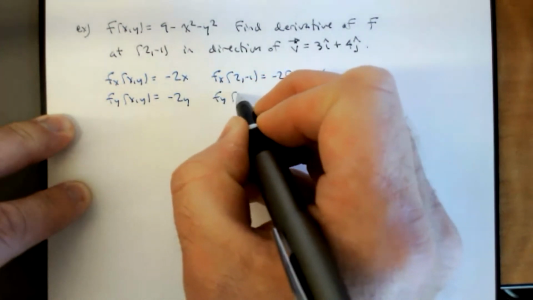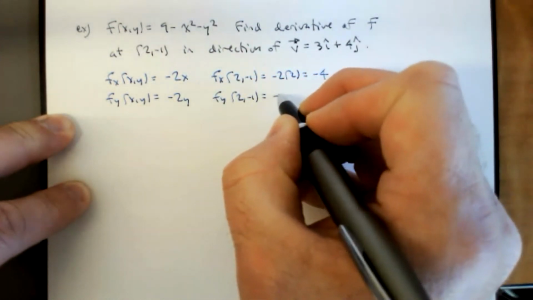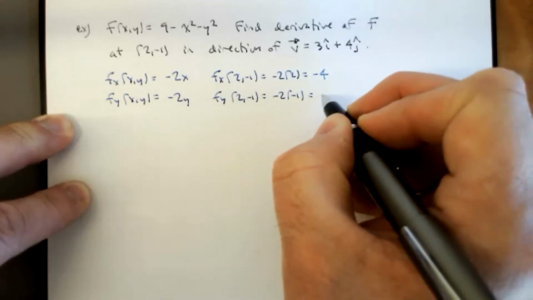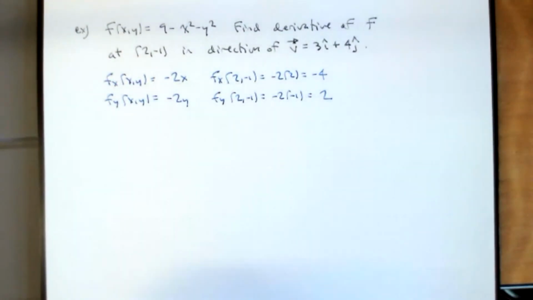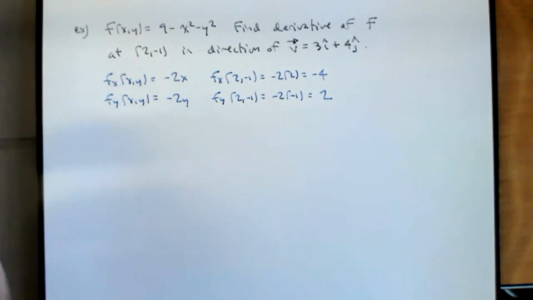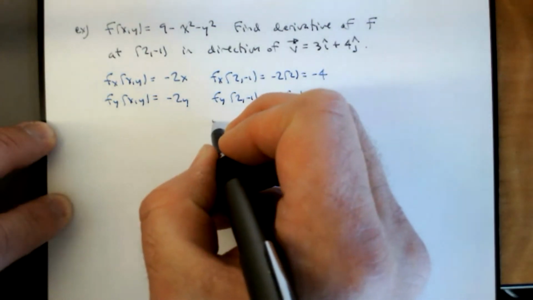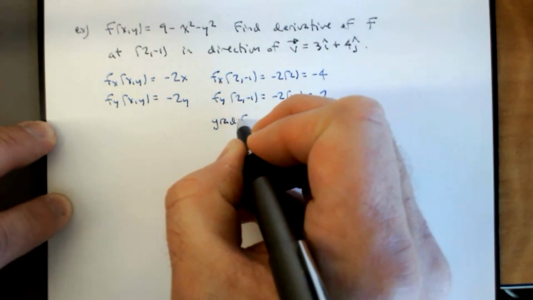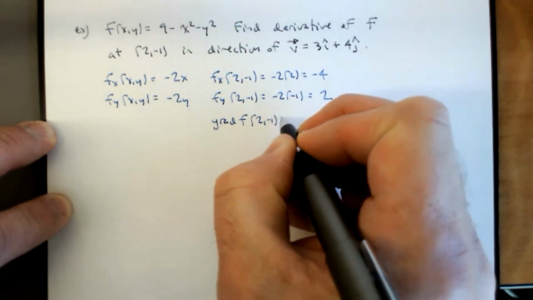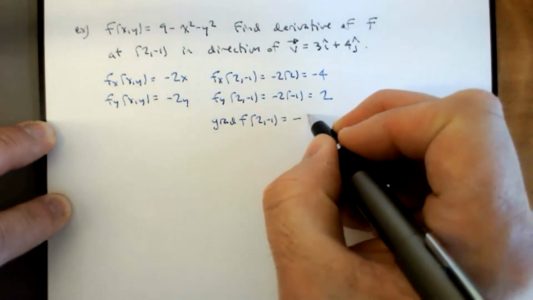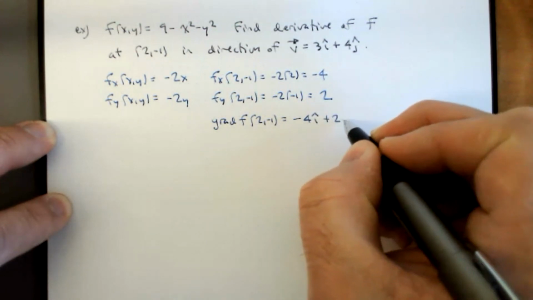So fy at (2, -1) is -2 times -1 or +2. This just represents how f is changing in the x and y direction. I can combine them into the gradient and say that the gradient of f at the point (2, -1) is going to be the vector -4i plus 2j.